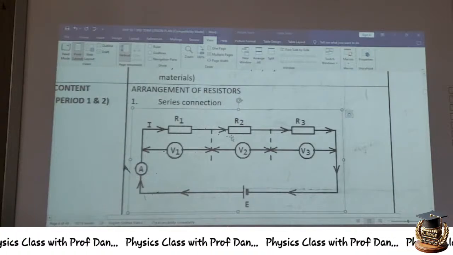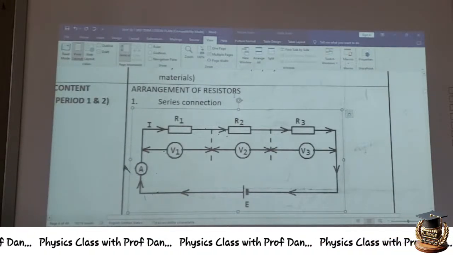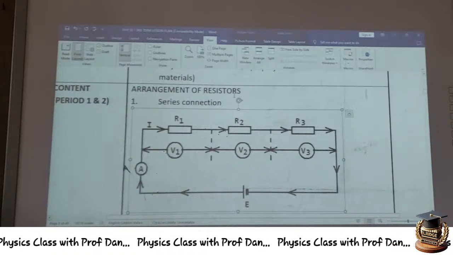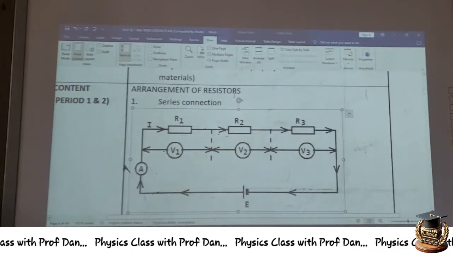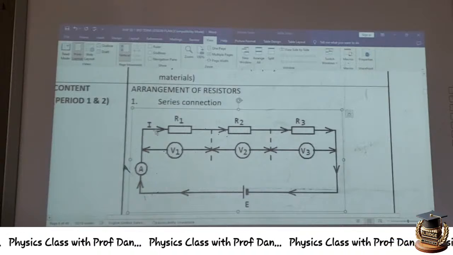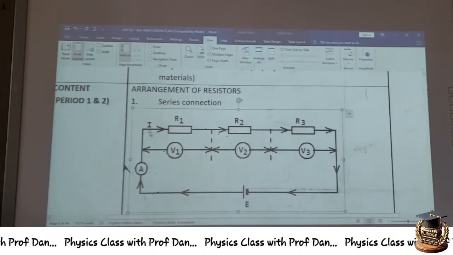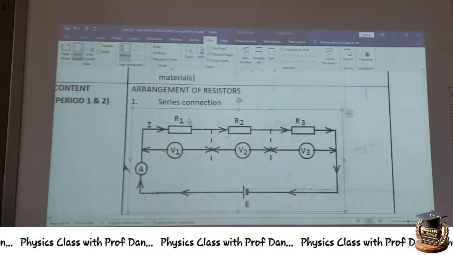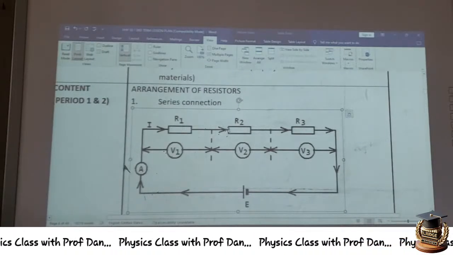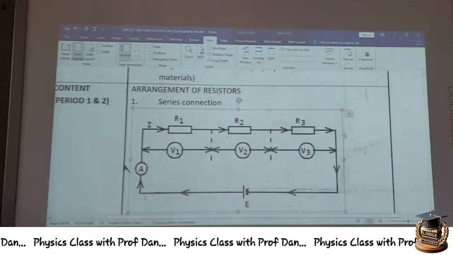You can see in this case we have two ways of arranging resistors. The first way is the series connection. In series connection, the ends are joined together. That is one side joined to the other side of another one, then the next side with another one, and so on and so forth.